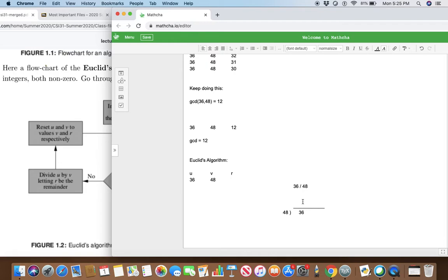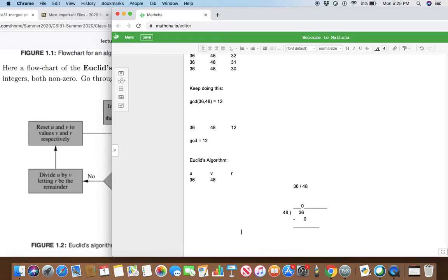How many times does 48 go in 36? It goes in 0 times. What does that mean? It means I have to subtract 0 times 48, 0. Okay, so that means I have subtracted nothing.